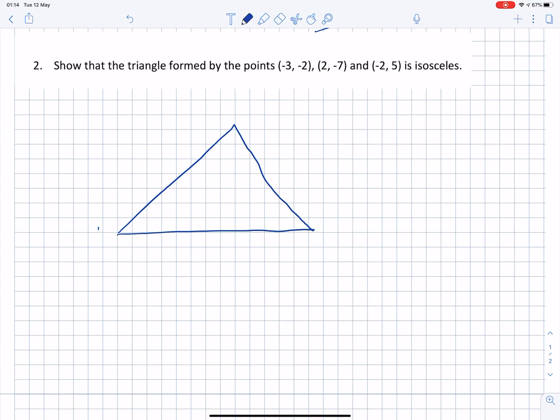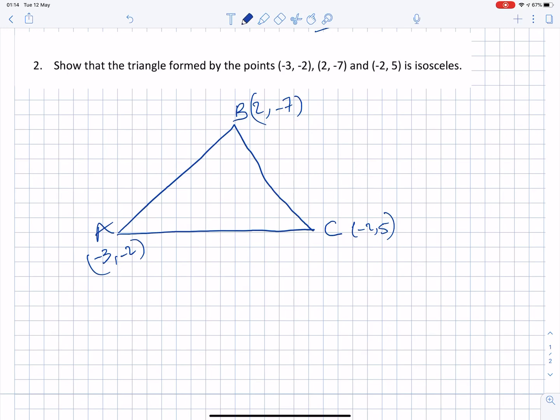And let's just give these corners a name. We will give this one (-3, -2), and we will say this one is (2, -7), and this one is (-2, 5). Okay, so we just need to find distances AB, AC and BC, and if we have any two equal lines, then that is an isosceles triangle.